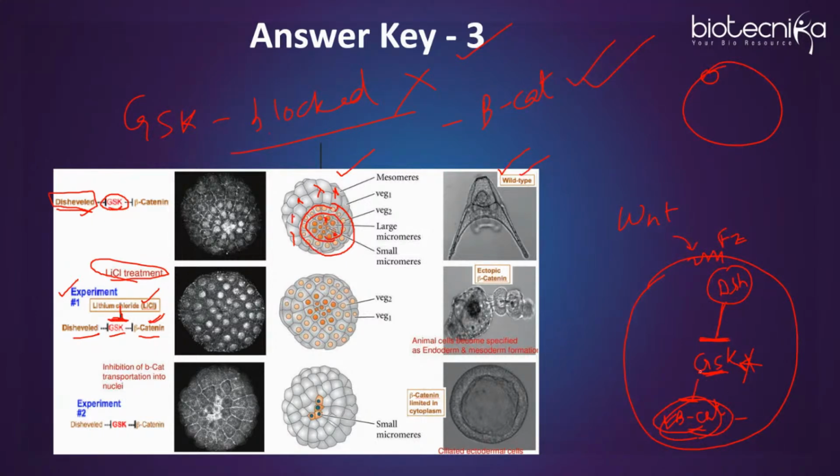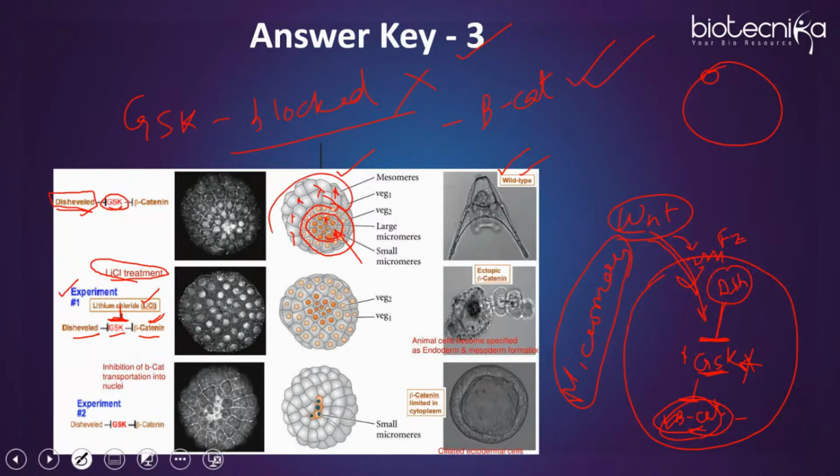Generally GSK is blocked by the WNT signaling, but that is happening naturally only in the micromeres. Other cells don't have this process.